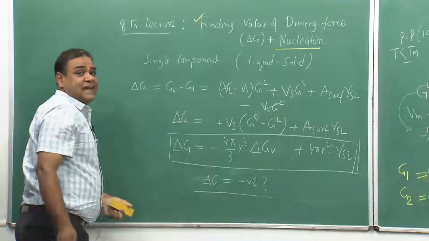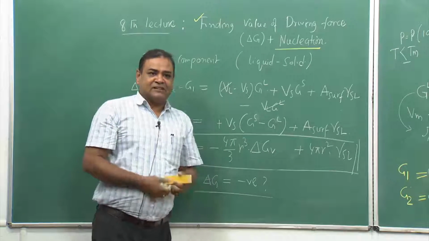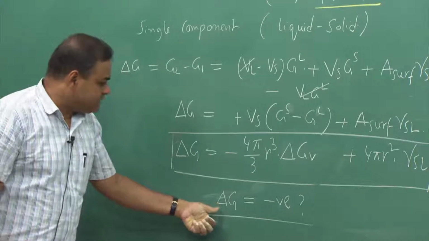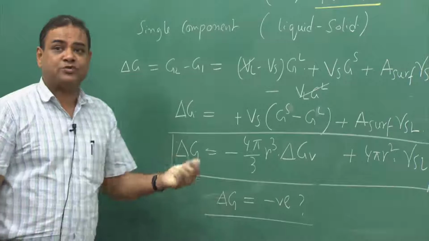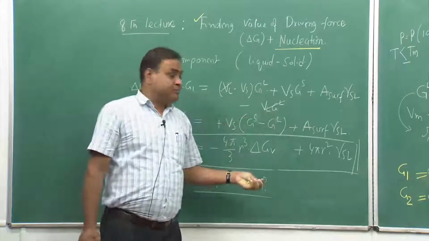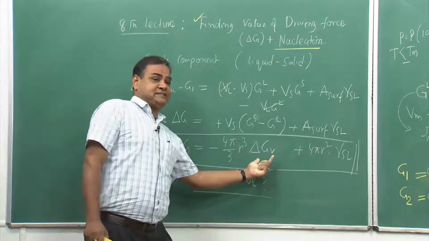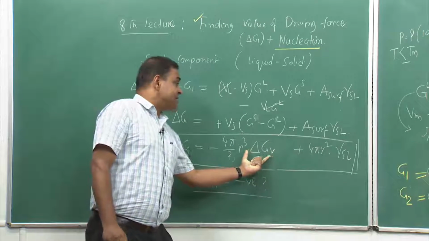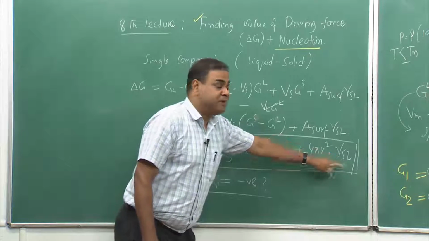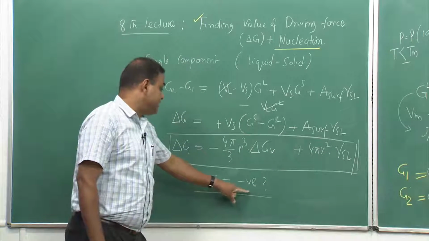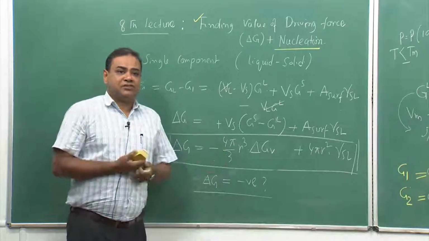So, that will tell me whether transformation would actually take place or not. Now, we have to see whether this del G goes negative in order to have transformation, because this tells me that there is spontaneity, but this term is acting against this, and this term has to overcome this particular positive energy term. Finally, it will create the condition where del G is negative, and at that time we will have actual nucleation.